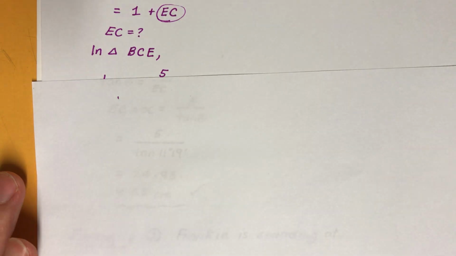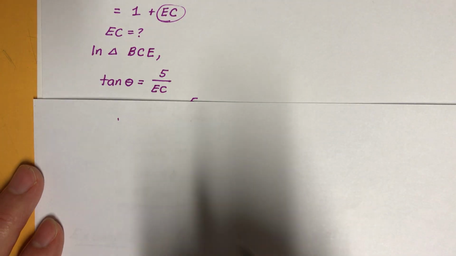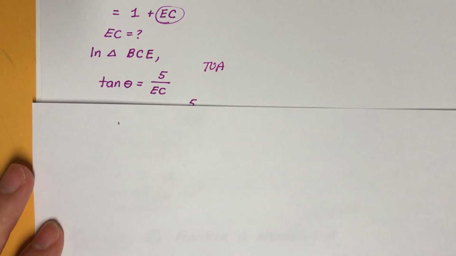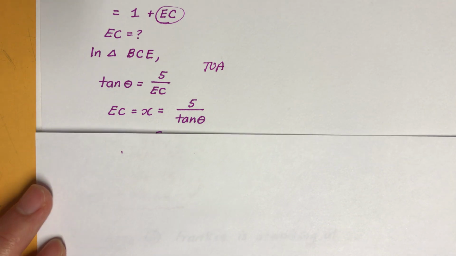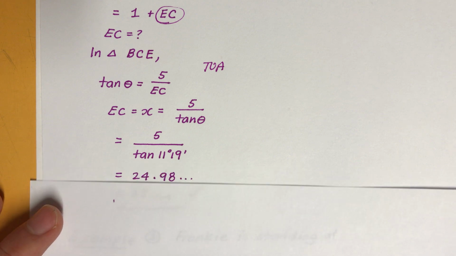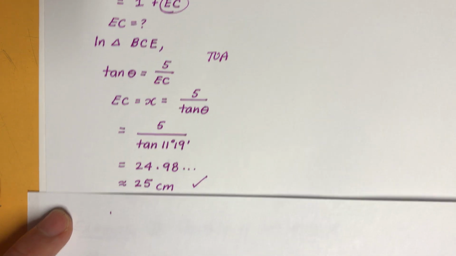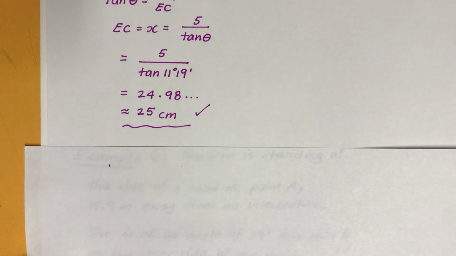So A and O, it'll be tangent. So TOA, opposite over adjacent, which was EC, and I'm going to call EC as X, and I can find 24.98, which is roughly 25 centimeters. So that's my length of the rectangle.